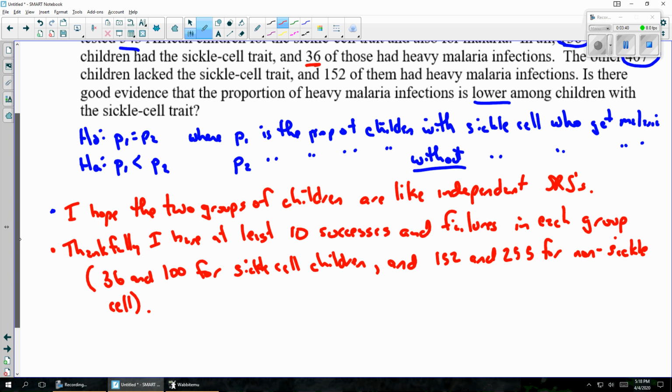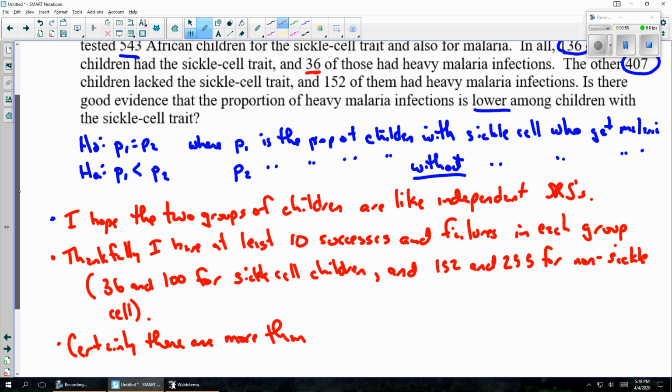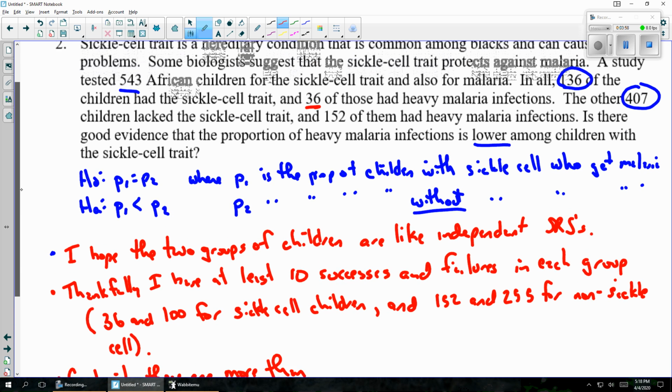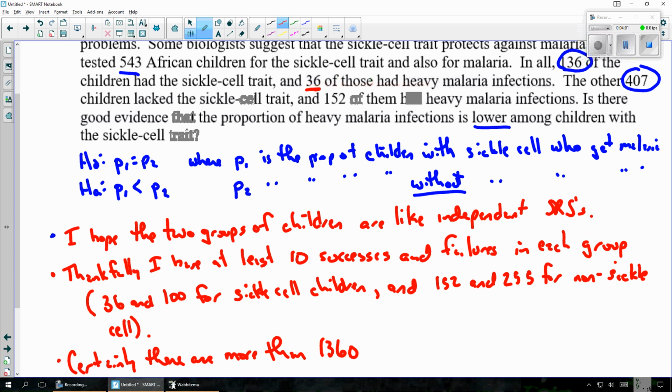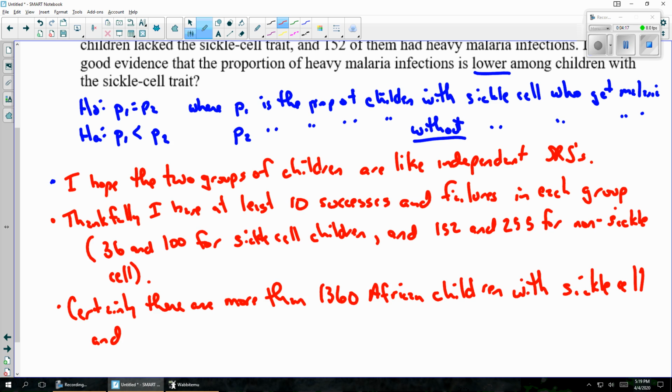That's the one that gives me approximate normality. And then finally, there are certainly more than 10 times these numbers. Certainly, there are more than 136 times 10, so 1360 African children with sickle cell, and was it 407?